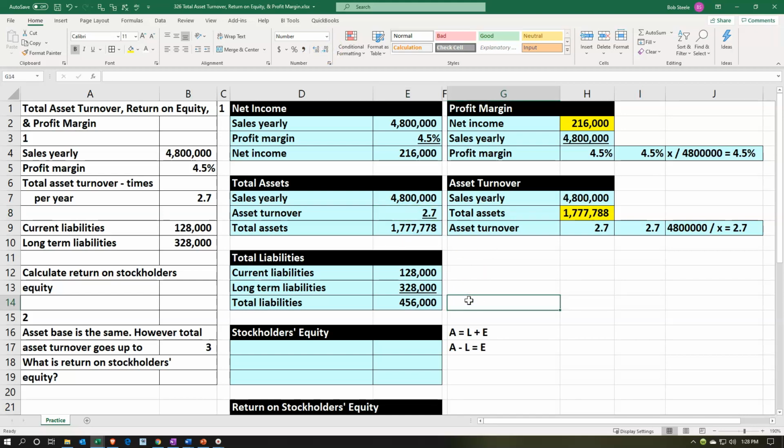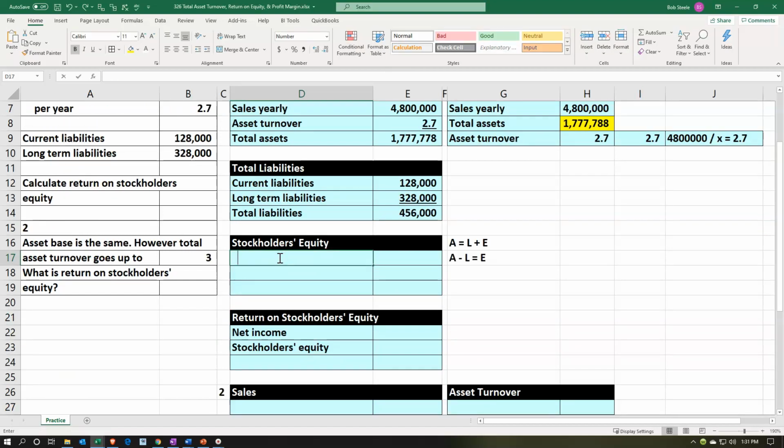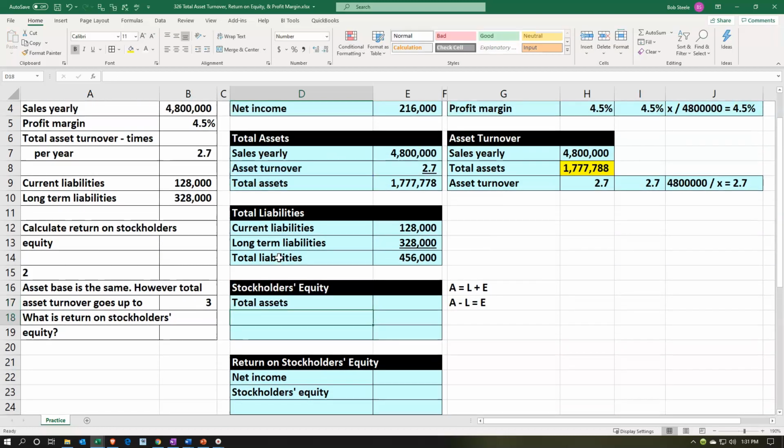Okay, so then we can figure the stockholders' equity, because now we know the total assets and we know the total liabilities, and we know that assets equal liabilities plus equity, or in other words, assets minus liabilities equals equity. So now we can say, all right, the assets are going to be equal to, so we'll pick up the total assets up top that we have calculated here.